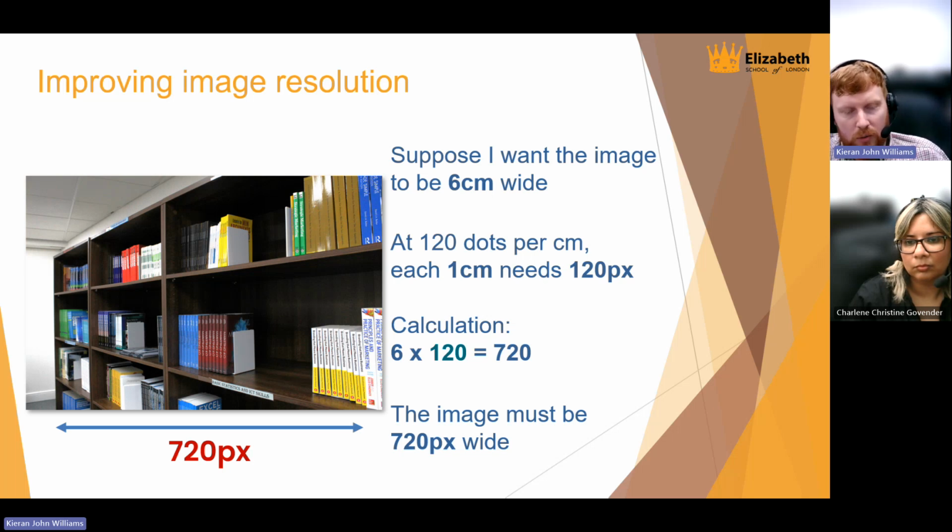So if it's going to be 6 centimeters at 120 dots per centimeter, you will need to find an image that is 720 px. Okay, so when you are trying to find your image, at least have this idea in your mind of how high the resolution will need to be.